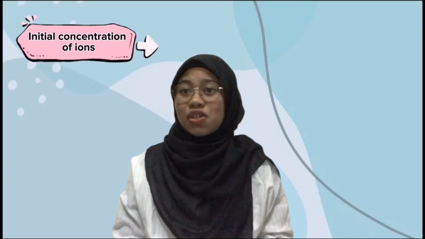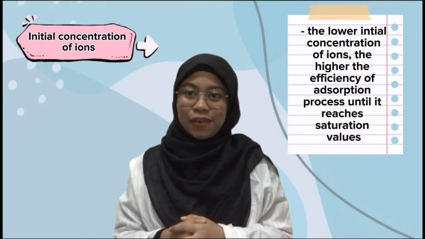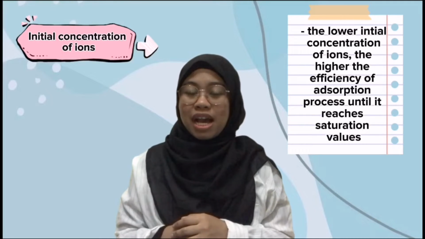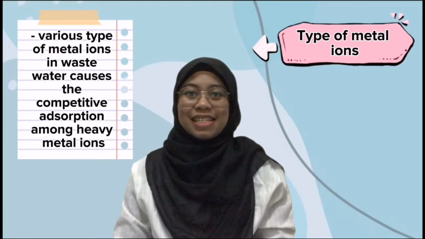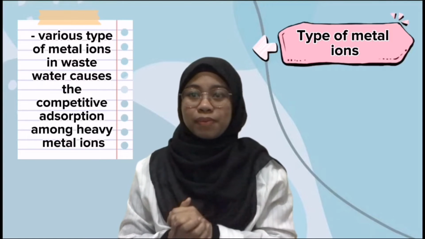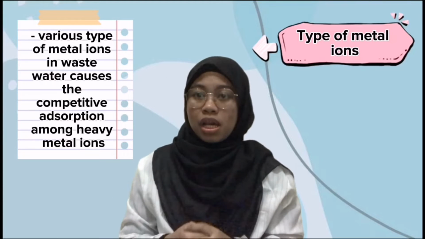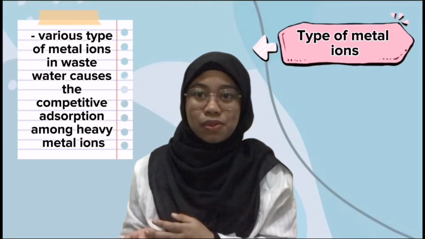Thirdly is initial concentration of ions. The lower the initial concentration of ions, the higher the efficiency of adsorption until it reaches the saturation value. Fourthly is type of metal ions. There are various types of heavy metal ions in wastewater, causing competitive adsorption among the heavy metal ions.